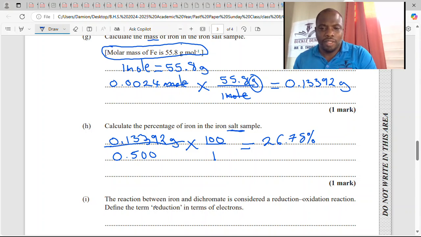Sure? Wait, what did you get? Oh, well, I might have to run it again. Might get 2.67 or 2.68. I'll run it again and see.